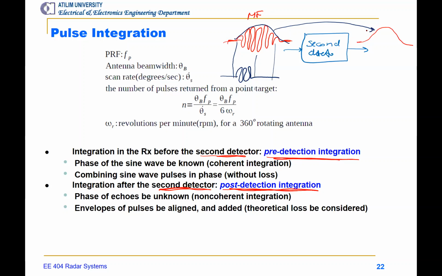So pulse integration. If we do pulse integration at this stage, which means that I have two sinusoids, for example, just like this, and then add them up, what will happen?